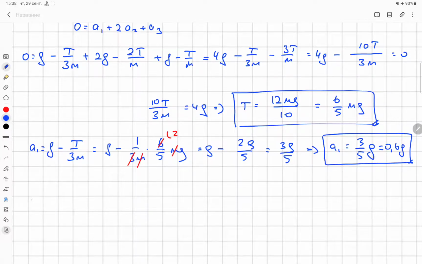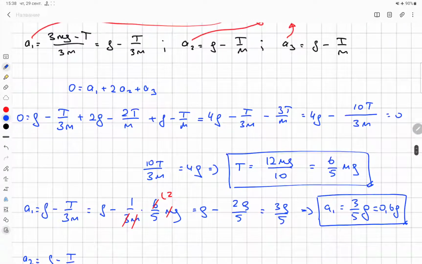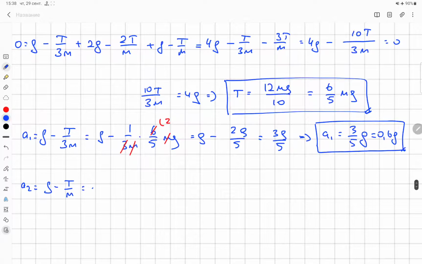Now let's come to the second object's acceleration. a2 equals g minus tension over m. Let's check. Yes. g minus 1 over m times tension, which is 6 over 5 mg. So g minus 6 over 5 g. The answer is minus 1 over 5 g, or negative 0.2 g.